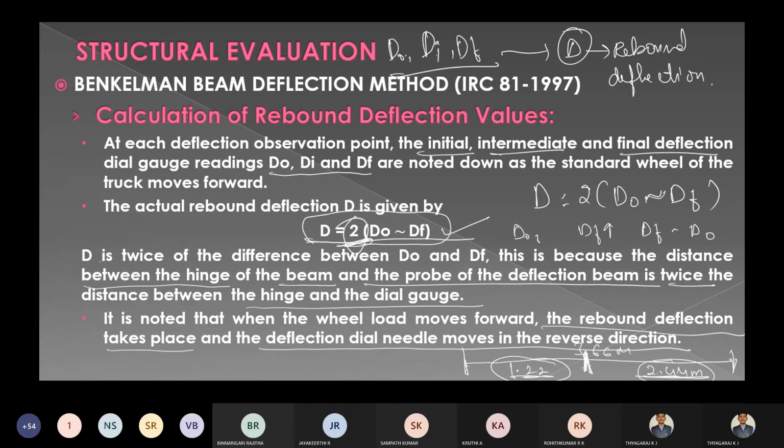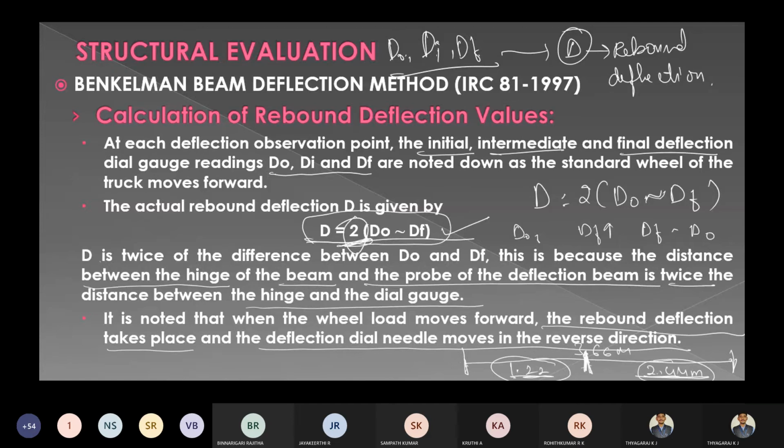But in the exam, you write simple steps: preliminary survey, what you are going to conduct, pavement conditions in survey, grouping of road stretch, marking you are going to do. This is enough for the preliminary survey. Then the procedure of measuring deflection: you write step by step the procedure that I have given, that's it.